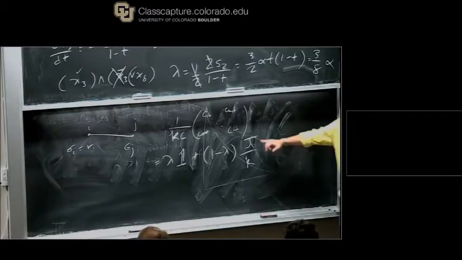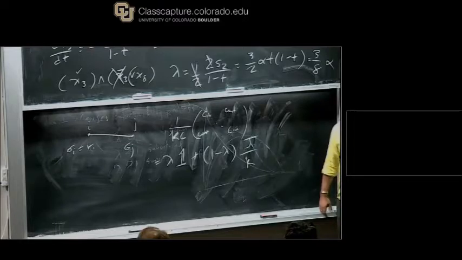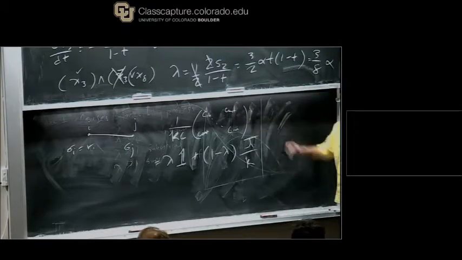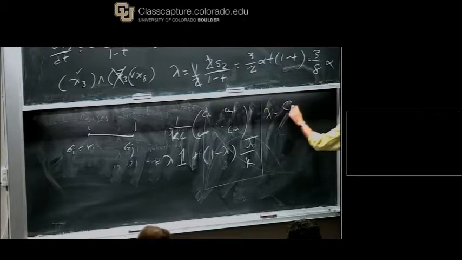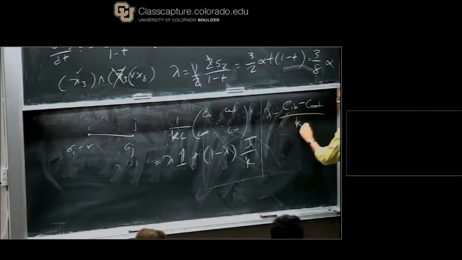So this is the completely flat matrix, 1 over k, 1 over k, 1 over k, which turns any probability distribution into the uniform distribution. And lambda here is just the second eigenvalue of this stochastic matrix, which is C in minus C out over k times C.